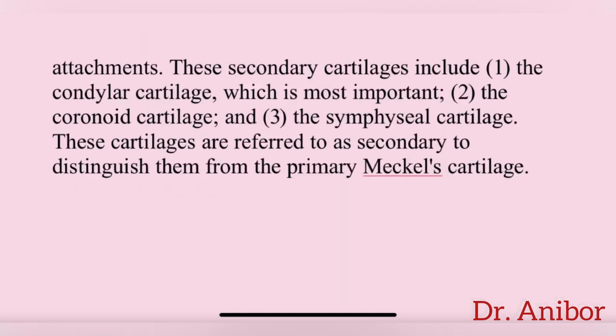These 3 secondary cartilages are the condylar cartilage, which is the most important, the coronoid cartilage, and the symphyseal cartilage. These cartilages are referred to as secondary cartilages to distinguish them from the primary cartilage, which is the Meckel's cartilage.